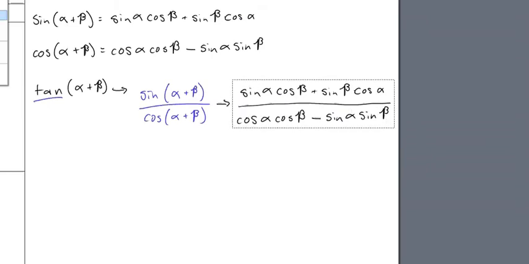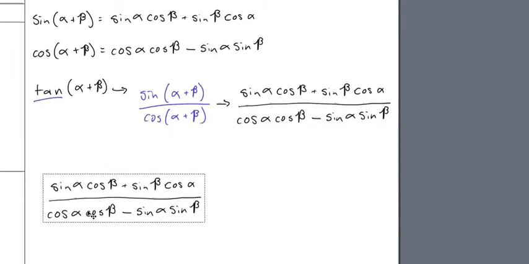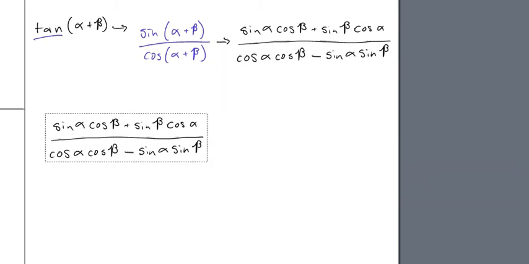Let's copy and paste one more time, give ourselves a little bit more room. Okay, so if we wanted to turn this term into tangent, well, we would divide it by cosine alpha.